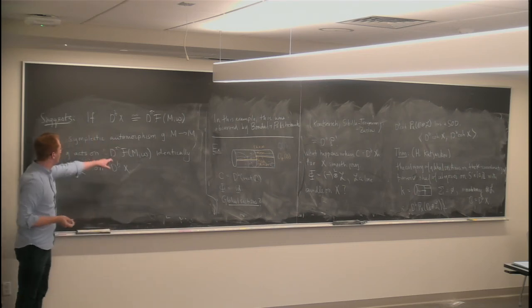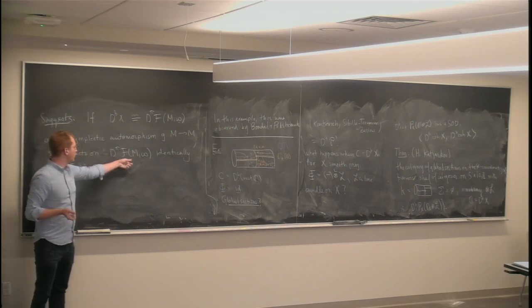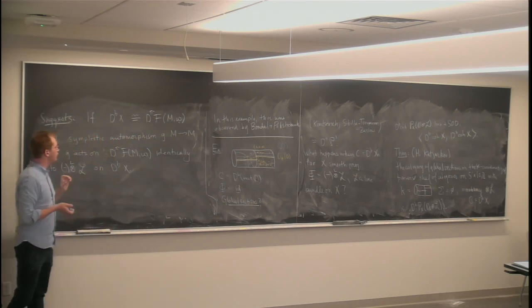So we have two actions. I'm assuming that G gives an action on the Fukaya category which agrees with the action by tensoring with the line bundle on D^b Coh of X.